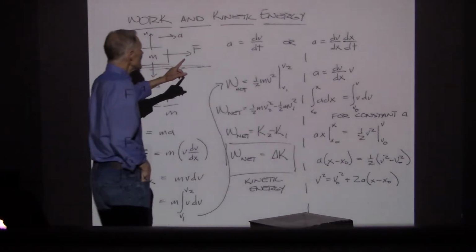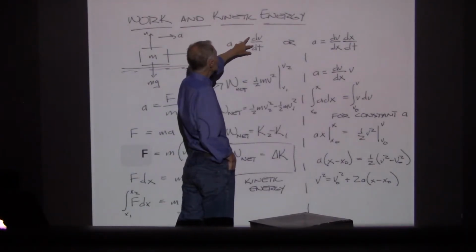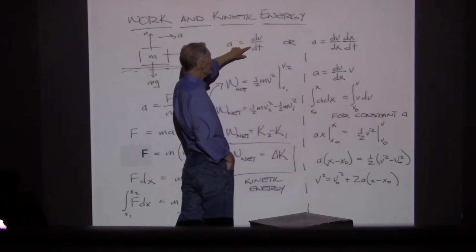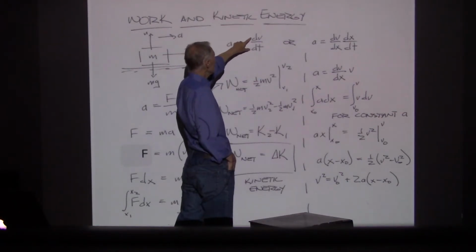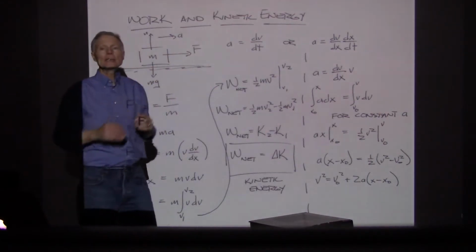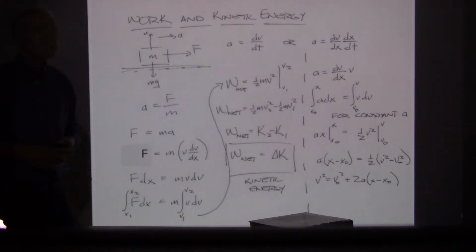So dv/dt can also be thought of as just a ratio of how much the velocity increased during a time interval. That ratio tells us what the acceleration is.